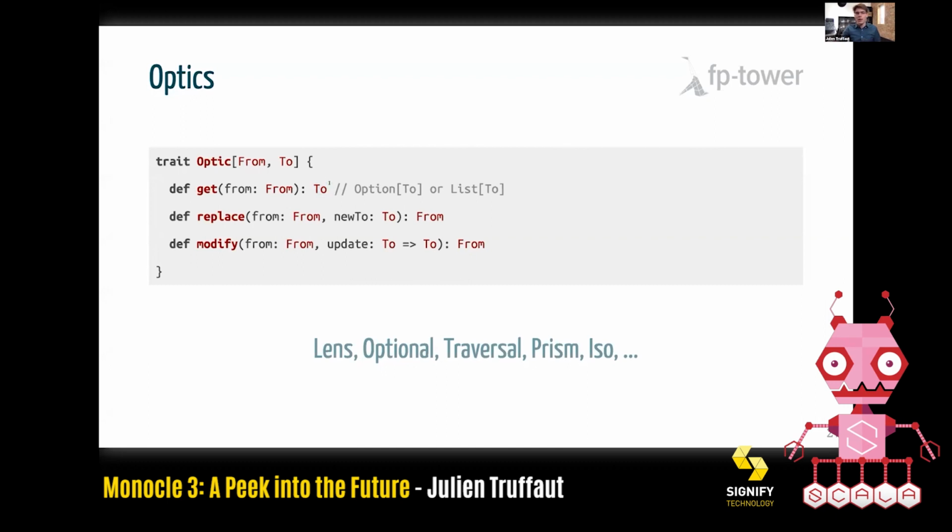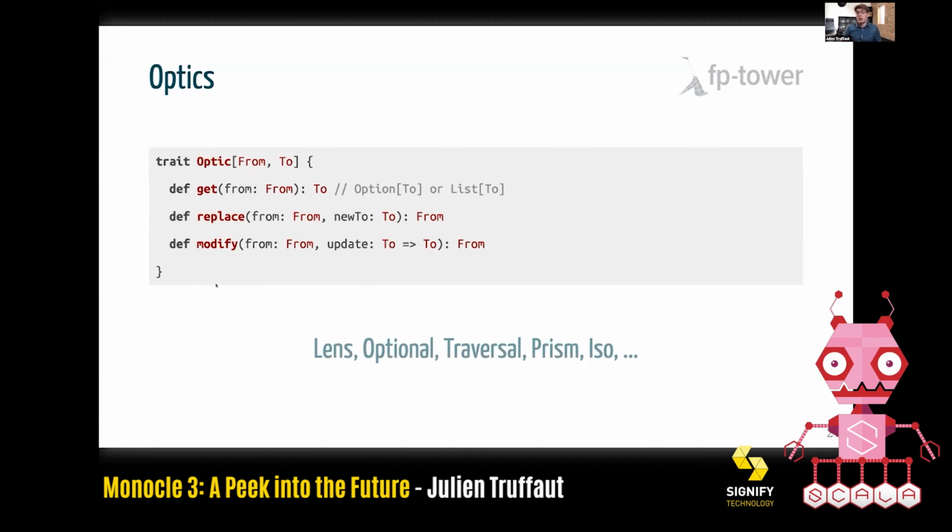But if we want to access the expiration date, it's more like an option because there might not be an expiration date. You could also imagine generalizing it to a list, where you are able to target several items at the same time. So this is the main difference between optics. But the most important part is to understand that an optic has two type parameters and these three methods.